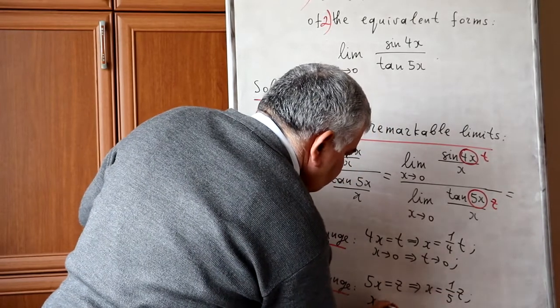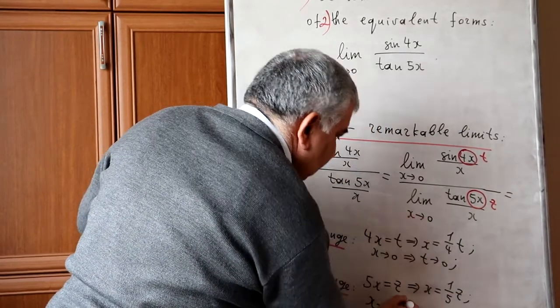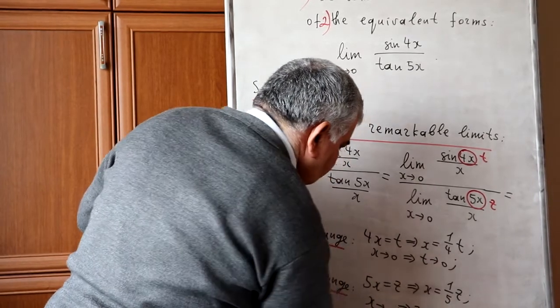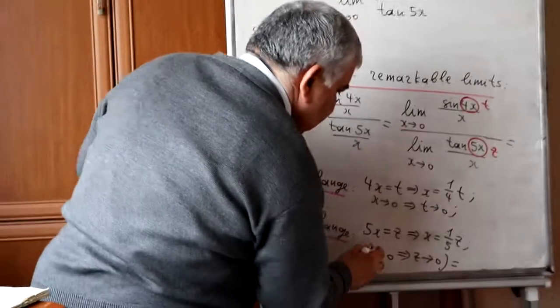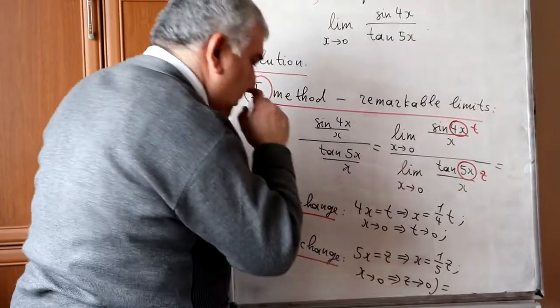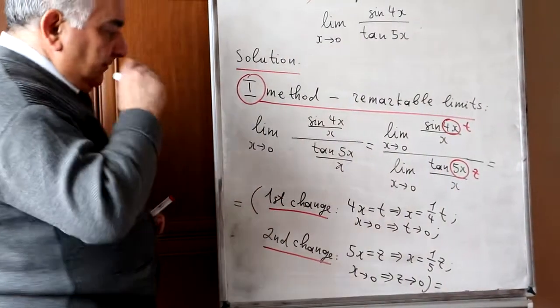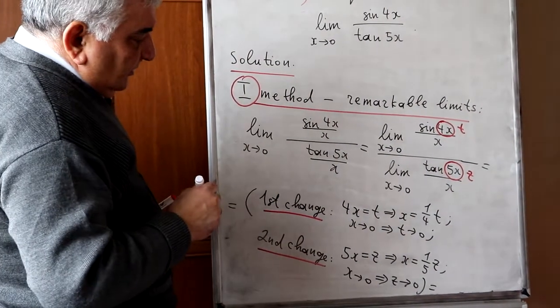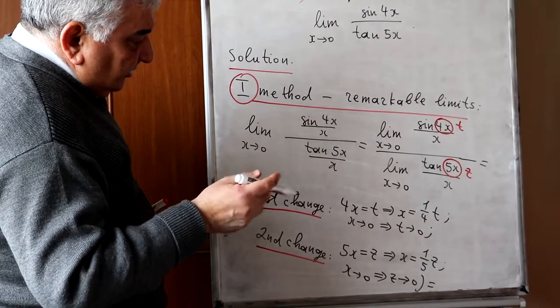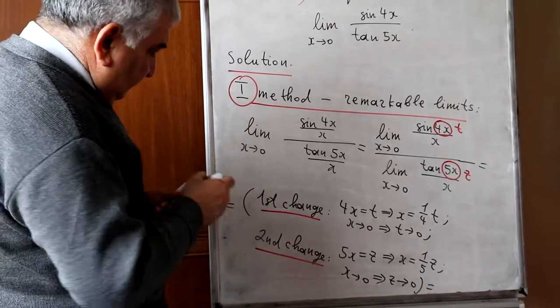If x tends to 0, then z also tends to 0, because if we substitute 0 instead of x, we will have that z will also tend to 0. Then continue.